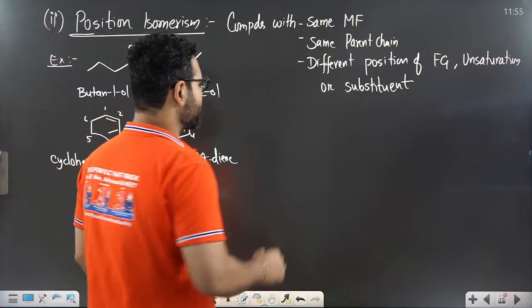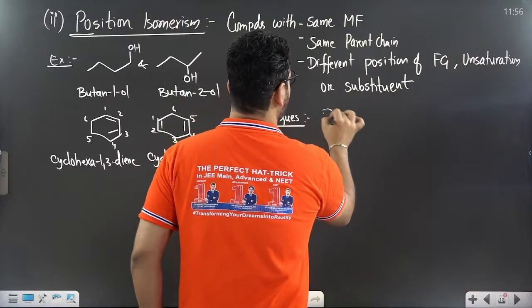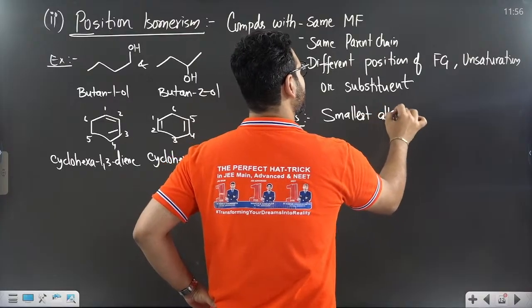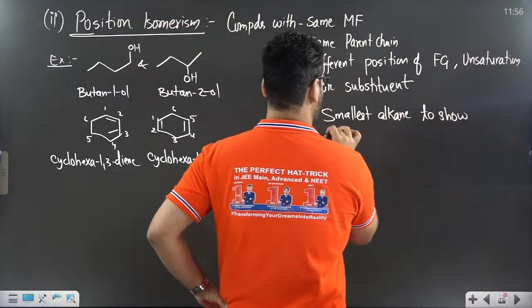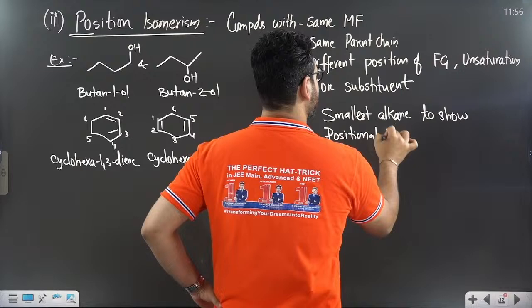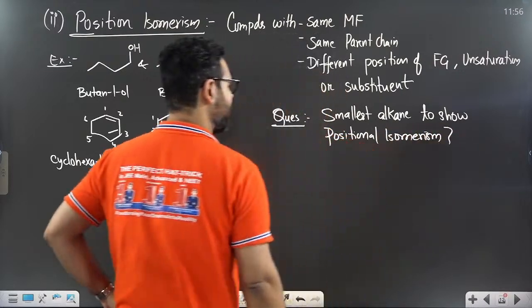Now the question to you is, which is the smallest alkane to show positional isomerism? Quickly tell me.